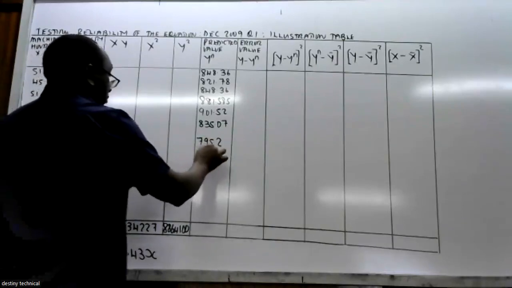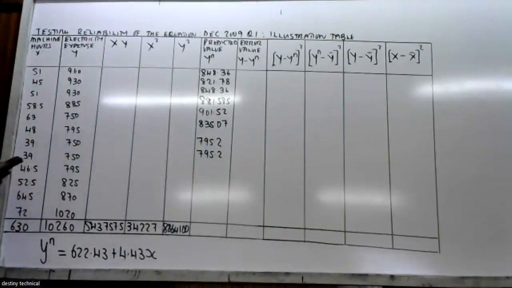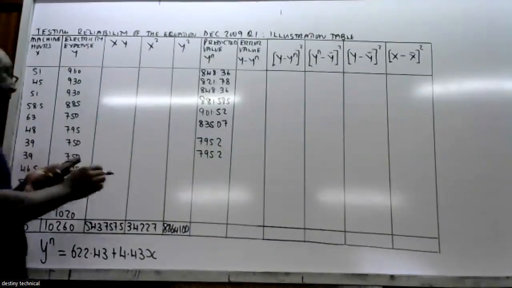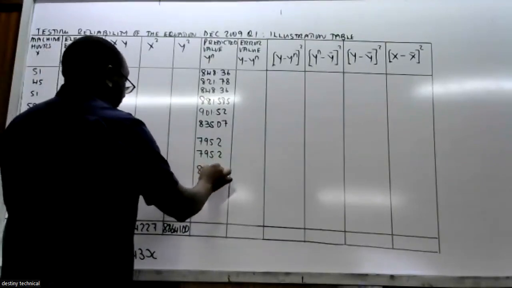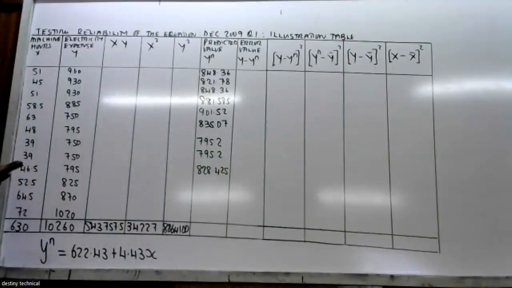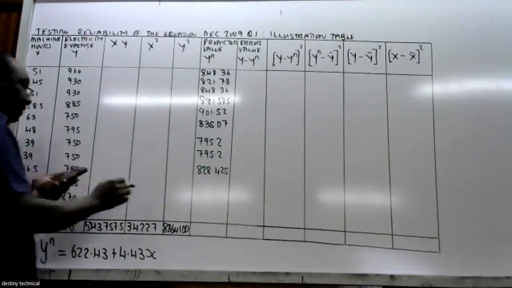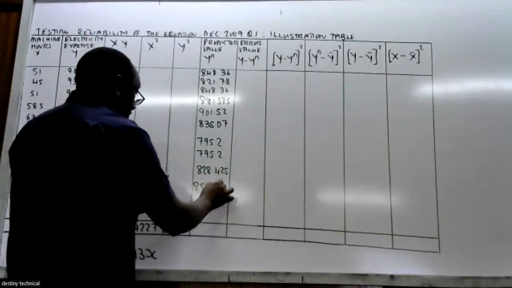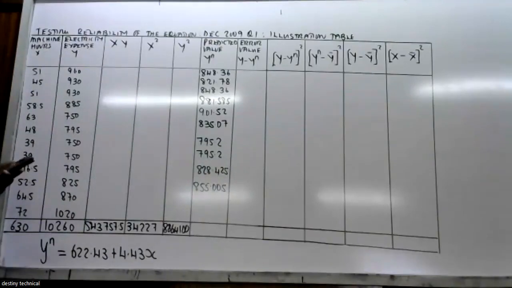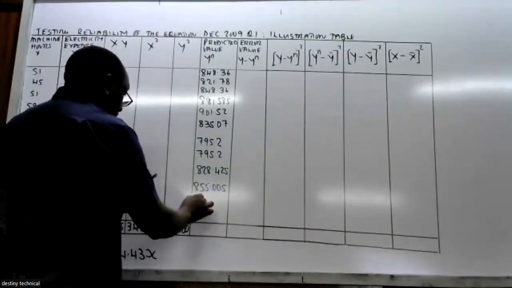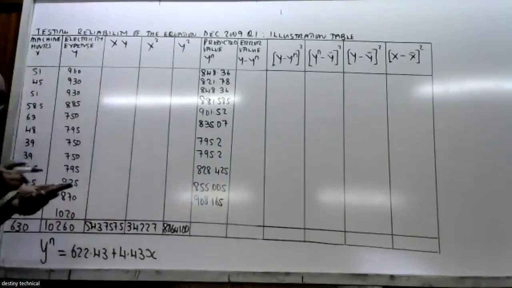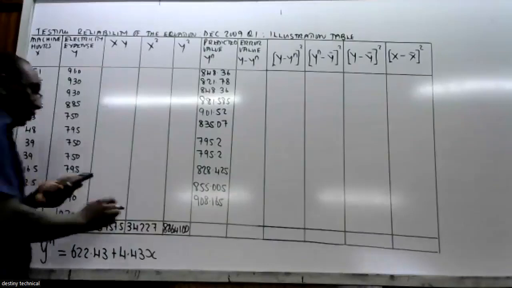The same case here, 795.2. 622.43 plus 4.43 times 46.5 is 828.425. 622.43 plus 4.43 times 52.5 is 855.005. 622.43 plus 4.43 times 64.5 is 908.165. 622.43 plus 4.43 times 72 is 941.39.